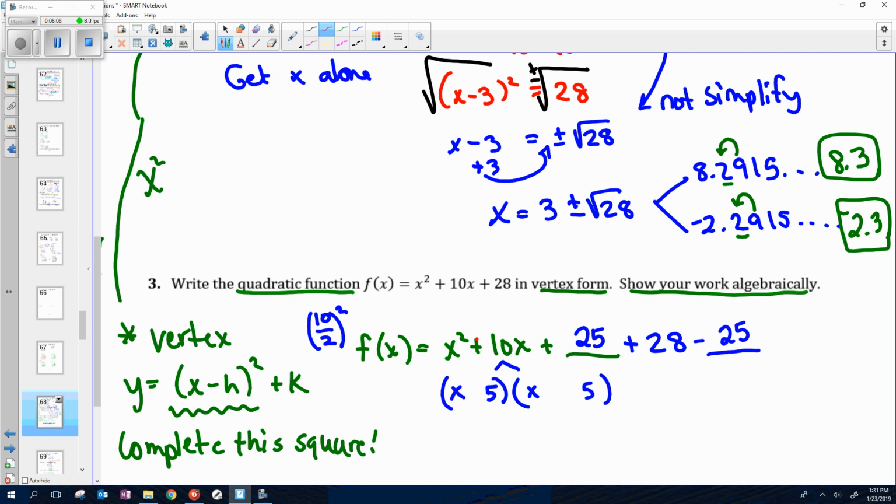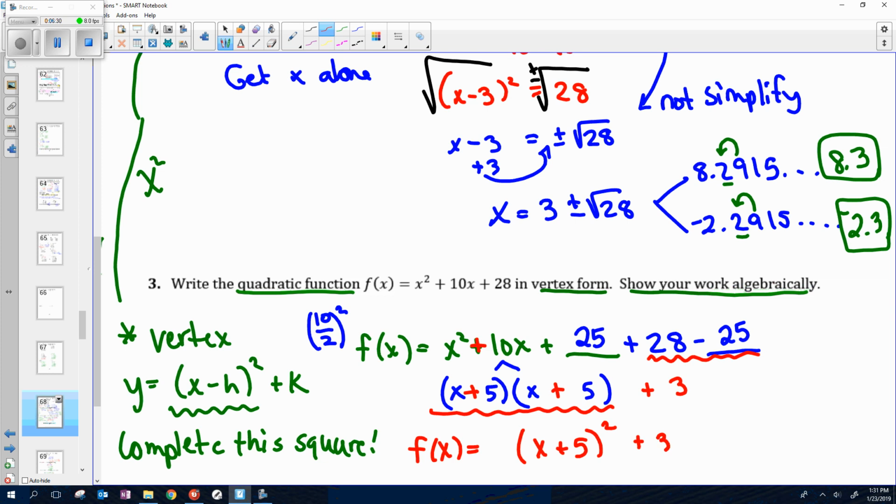Also, pay attention to this sign in front of the 10. When I split it in half, it was positive 5 and positive 5. So collecting the pieces here, the function is equal to (x plus 5) squared is my square. Remember, these are the same things multiplied together. That's a square. And over here, the math that I can do is a 3.